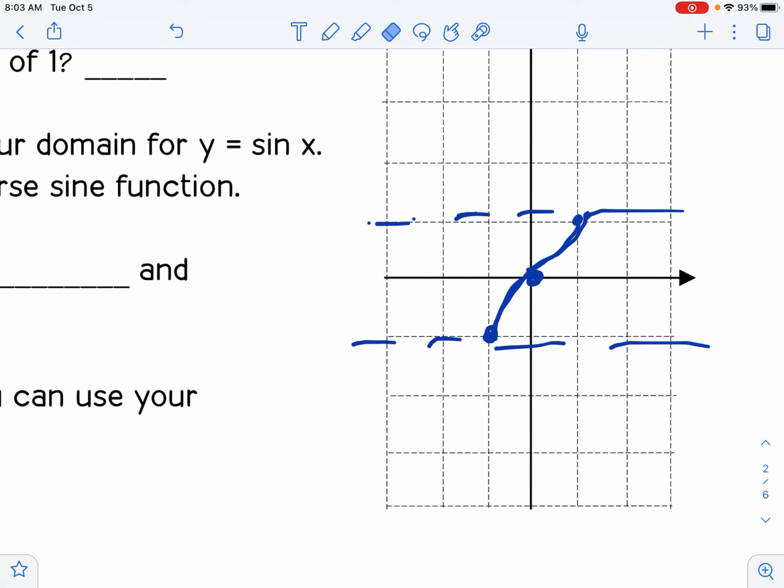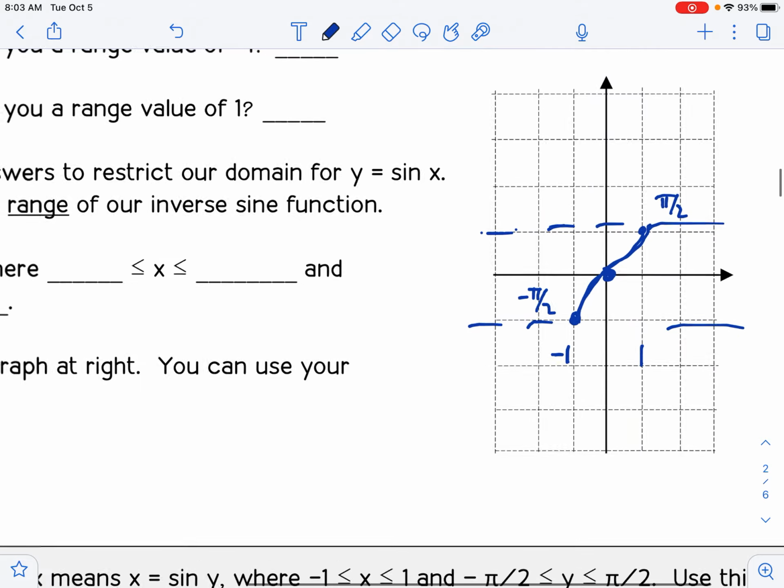Now, what I have here will pass the vertical line test. And if I think about what those values were, you flip-flop your domain and range. That means this is 1, and this is -1. That means that this is pi over 2, and this is negative pi over 2.